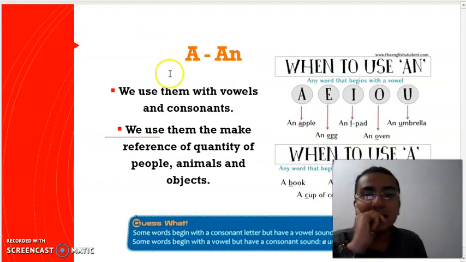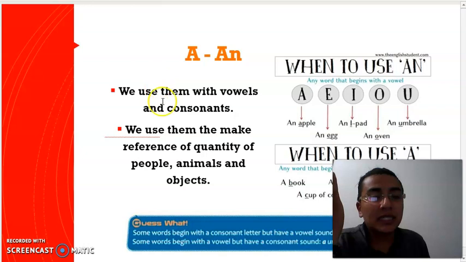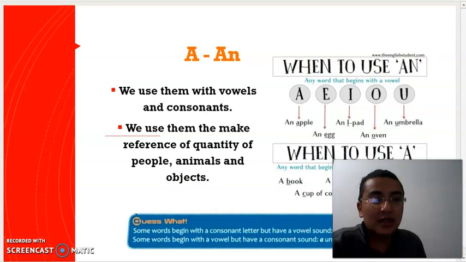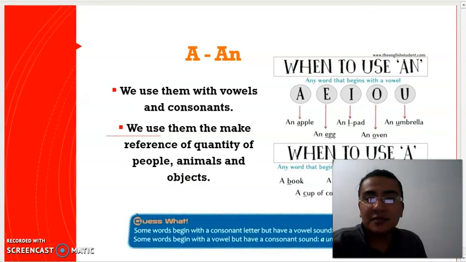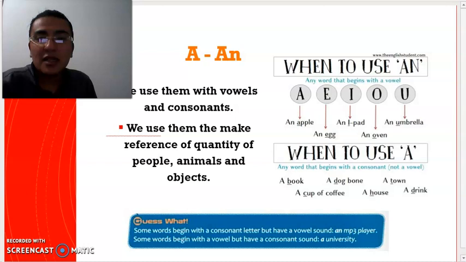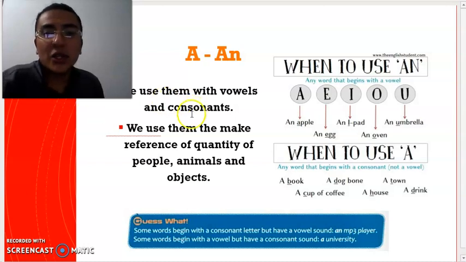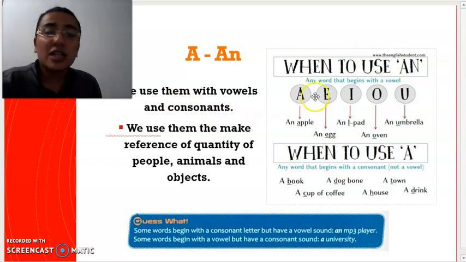Now, we also have the possibility to see right here an explanation about it. Let's take a look at it. So it says, we use them with vowels and consonants, which is actually, in Spanish, these are the vowels, A, E, I, O, and U. Those are the vowels.